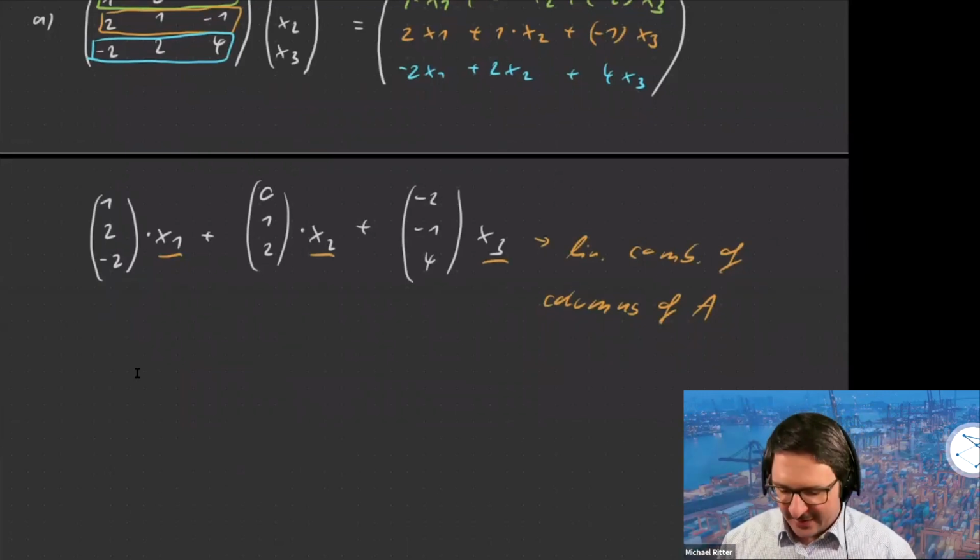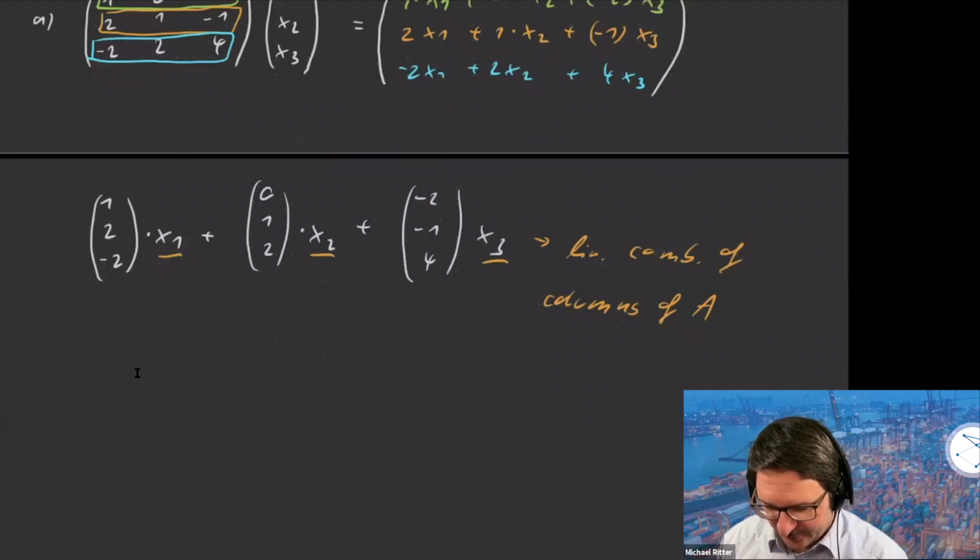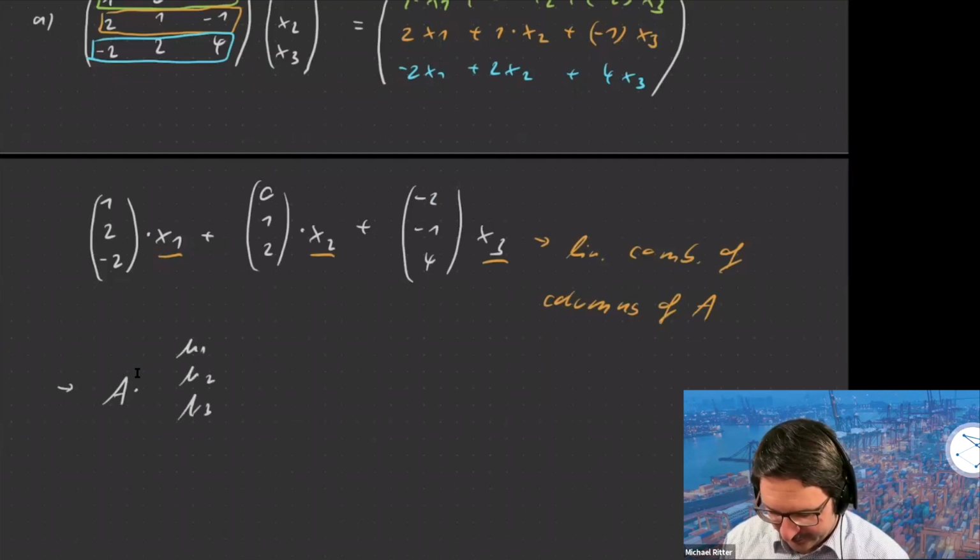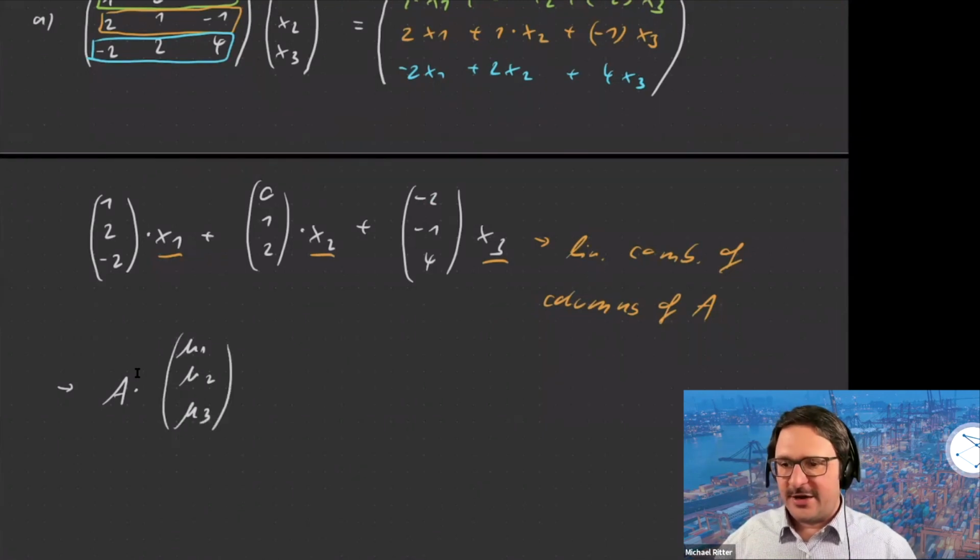And that means what we have to do here is we have to write A times mu1, mu2, mu3. And that is the desired linear combination of the columns of A with those coefficients. Okay, so that does the columns.